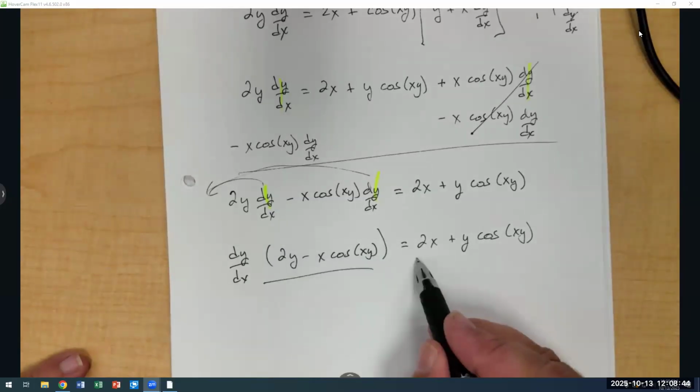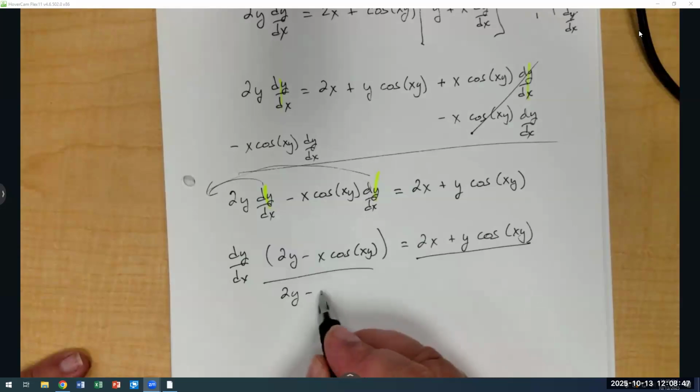And then divide both sides by what you're trying to get rid of.